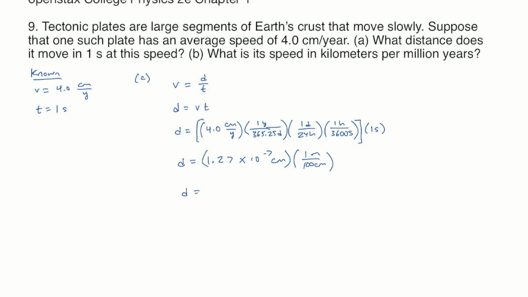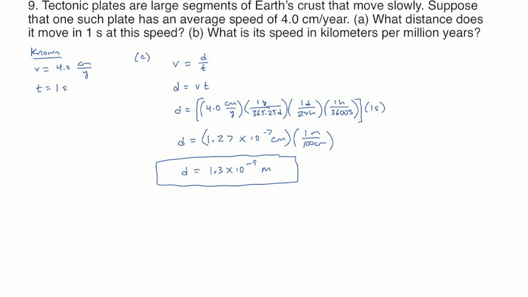And then we'll just use 2 sig figs because that's what our speed is in. And so this is 1.3 times 10 to the minus 9 meters. So that's how far the plate will move in 1 second if it's going on average 4.0 centimeters per year.